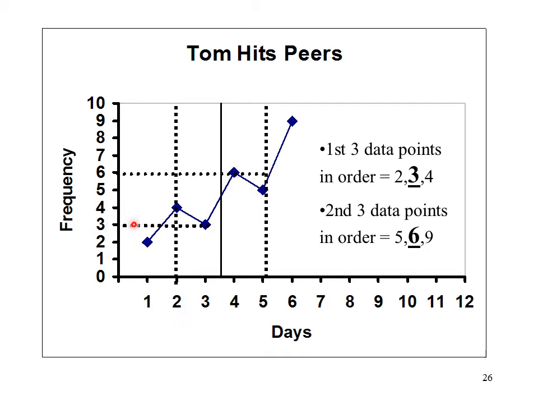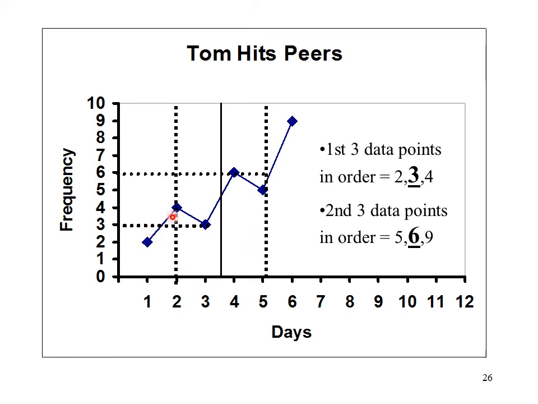At this point, I want to take the middle value and project it across till it intersects with the middle line here. I want to do the same thing over here. So in other words, the middle value for that section of the graph or that quarter intersects with the quarter line here.